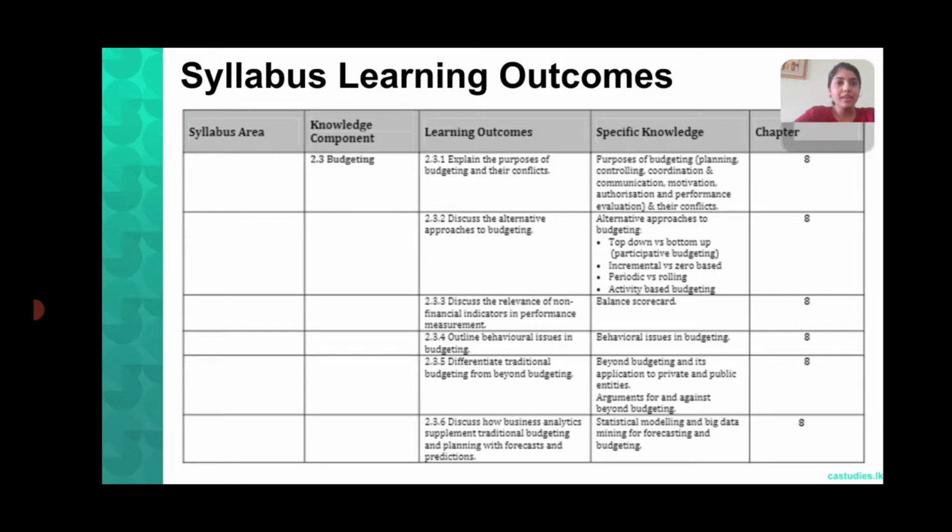And then you have how business analytics supplement traditional budgeting and planning with forecasts. So all of it is covered in chapter 8 of your syllabus.